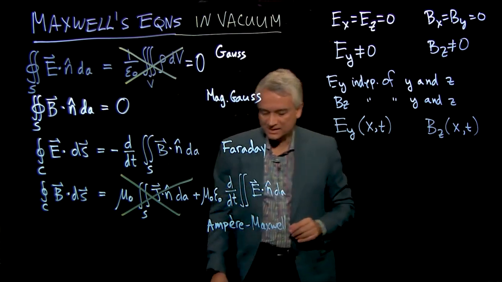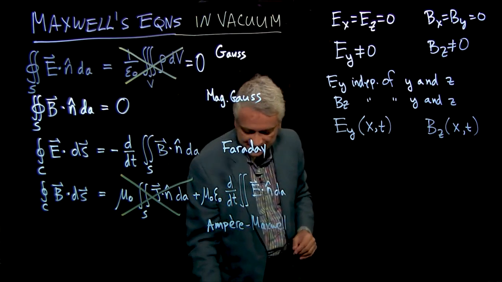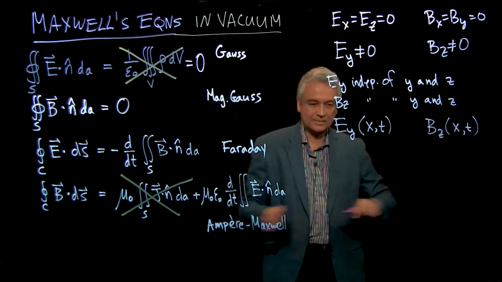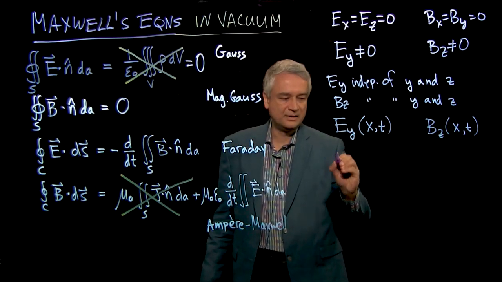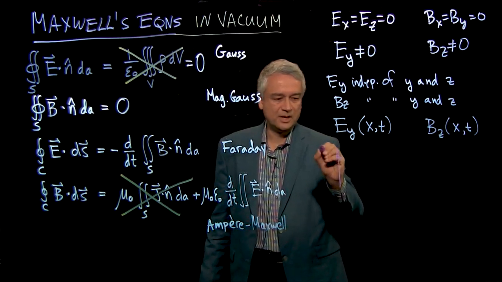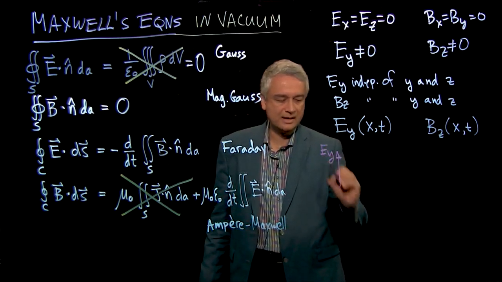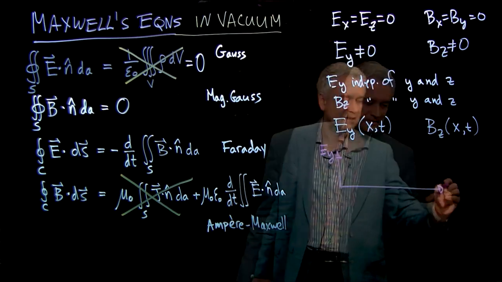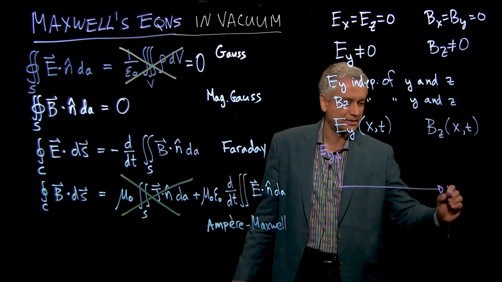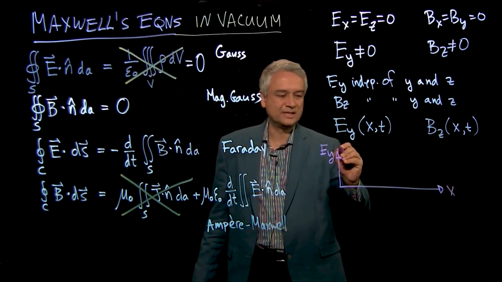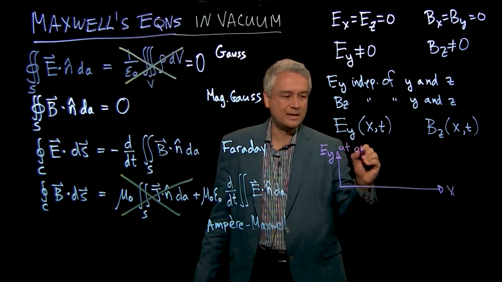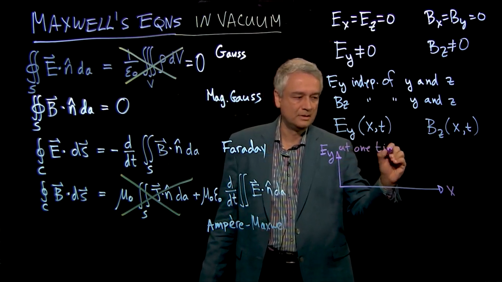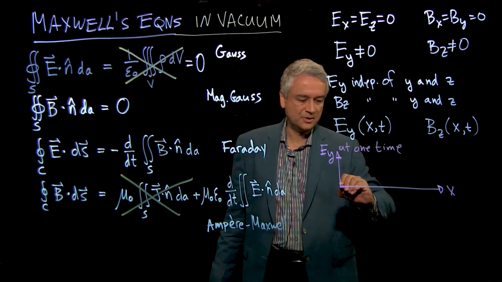And let's just imagine what they might look like. So I might find a solution in which Ey as a function of position x, so this is Ey at one time, might have some interesting shape to it.